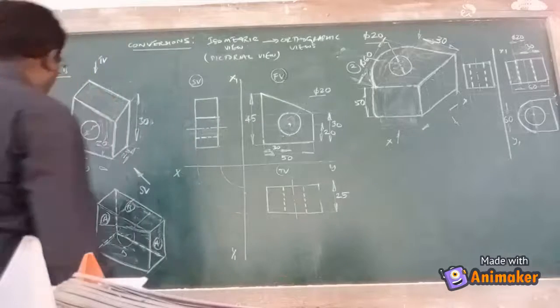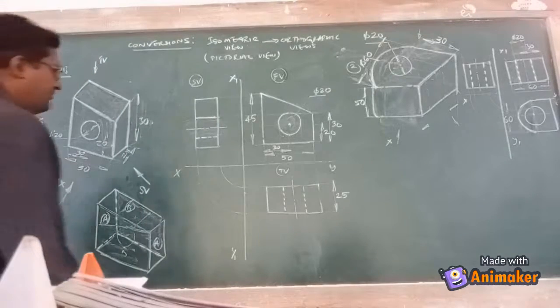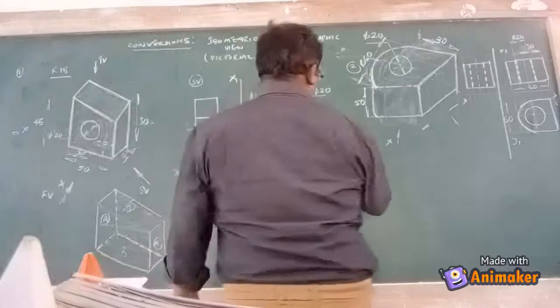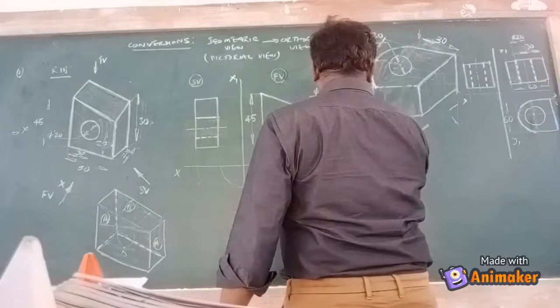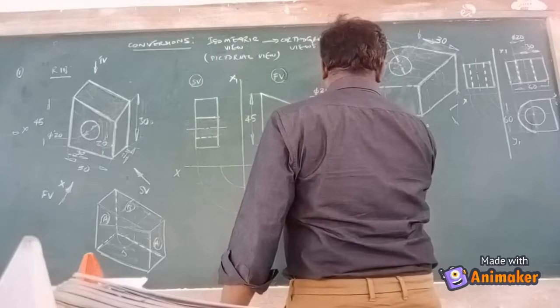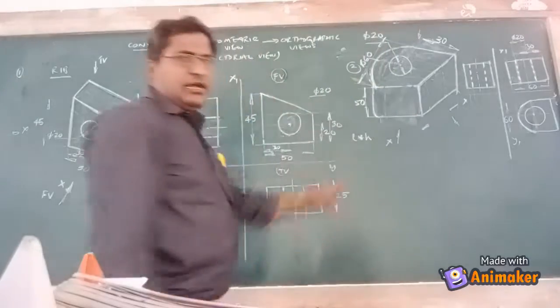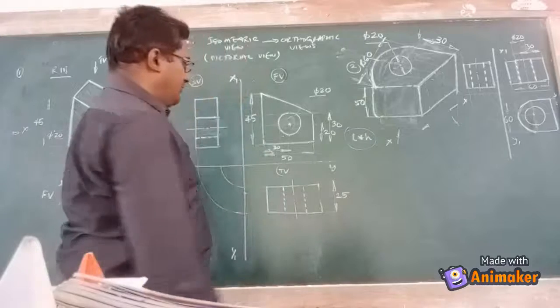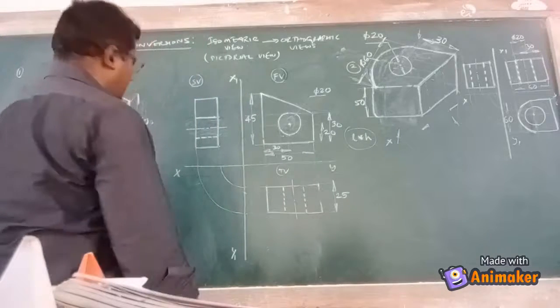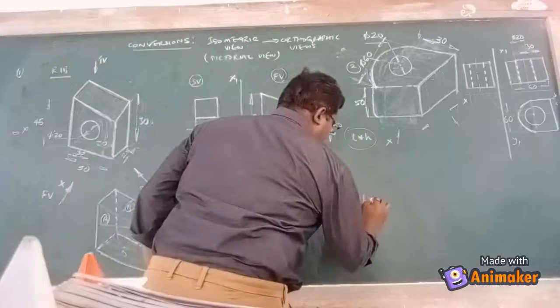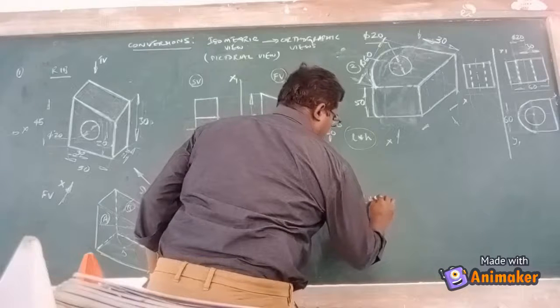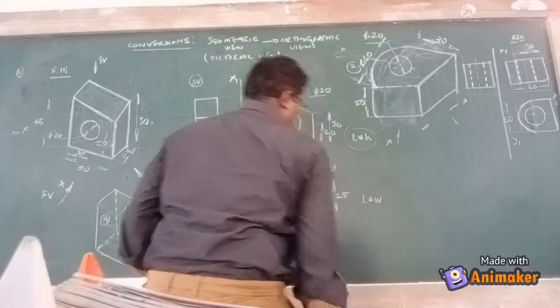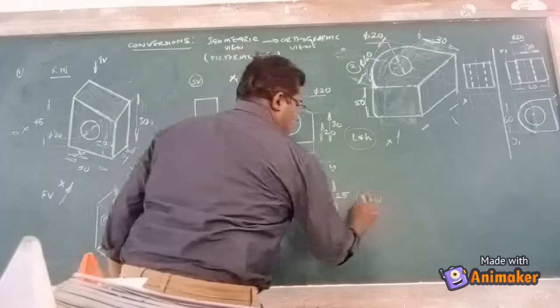So in order to draw the front view, the dimensions that are available for the front view are the length of the object and the height of the object. So length and height are the two dimensions which are available in the front view. When we come to the top view, the length of the object and the width of the object or the thickness is available.